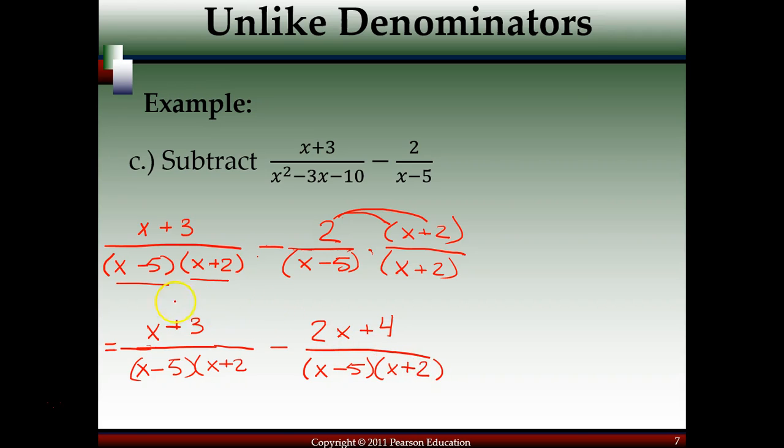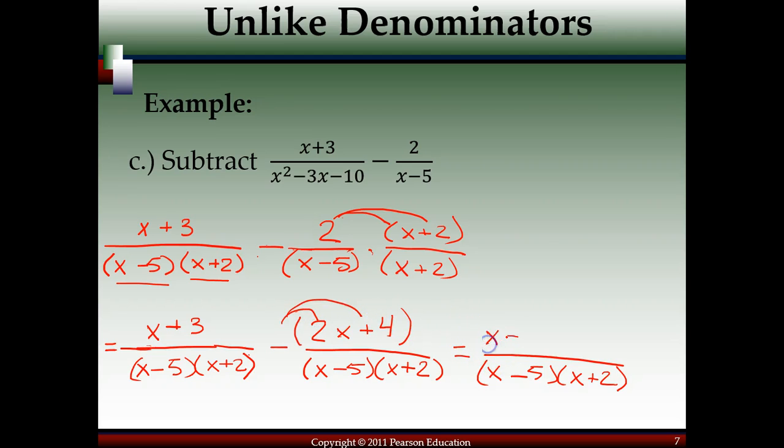Now that we have the same denominators, keep the denominator the same and combine the numerators. Let's see, x plus 3. And then remember, this negative sign is going to distribute across these numbers right here.